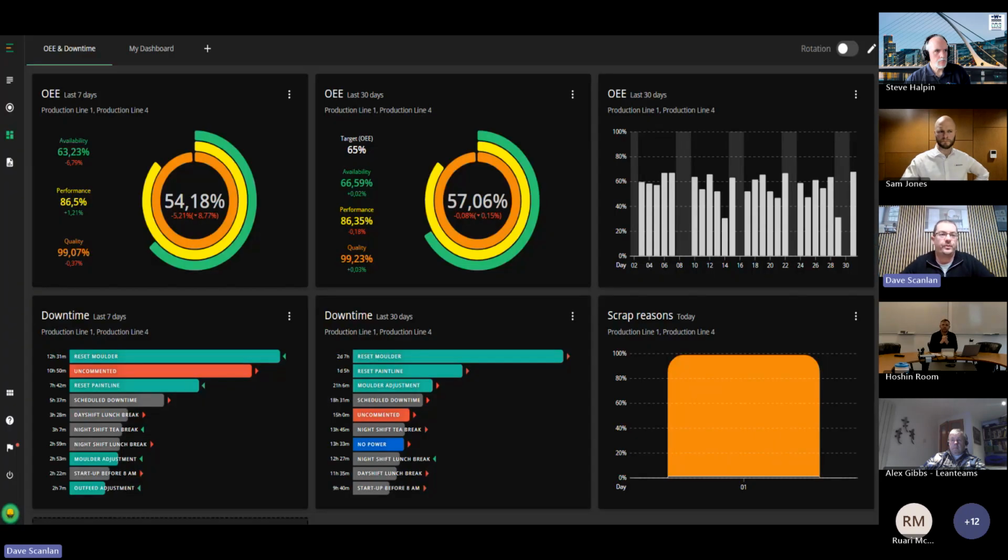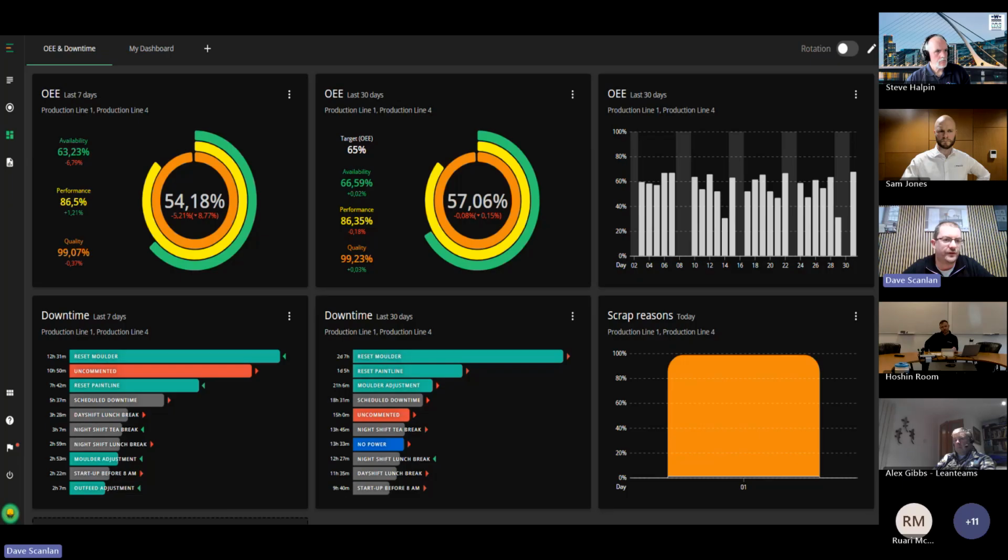Okay, so for us, what that means is, so this is Evocon. If you haven't seen Evocon, this is some of the figures Evocon gives us. If you look at the tile on the top left-hand side, this is for production line 1 and line 4 over a 7-day period. Our availability was only 63%, which you can see by the outer green circle.